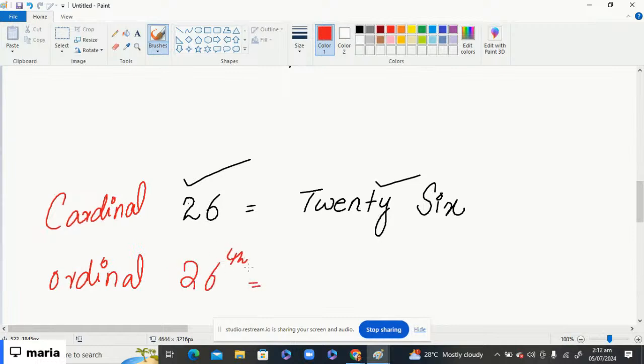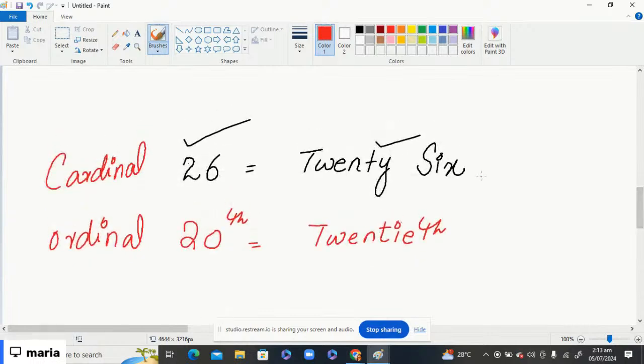Okay, like th on the top, and you are going to write it down like 26th. Okay, and if we are going to say that it's 20th, so how can we write it down? This is basically 20th. So this is the difference between the ordinal and cardinal numbers.